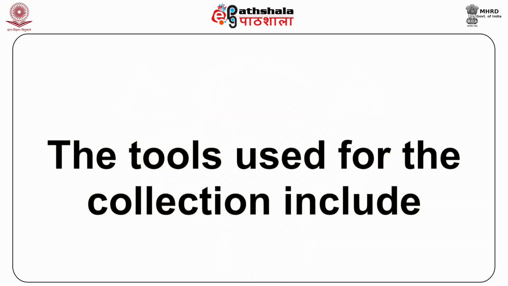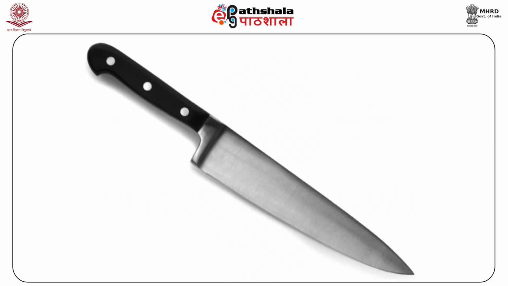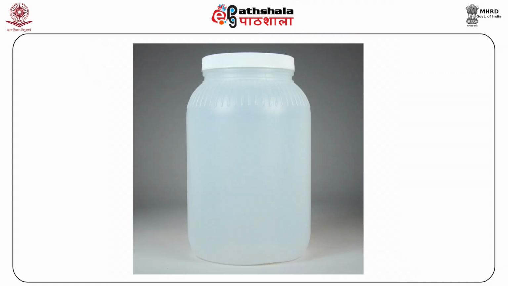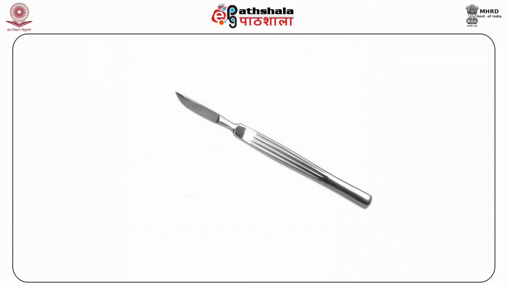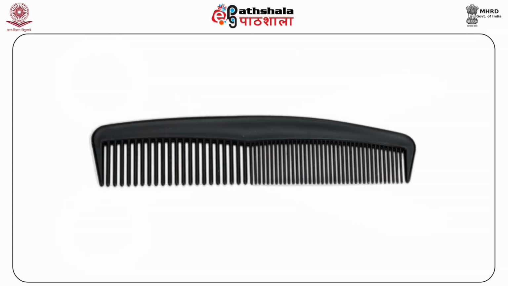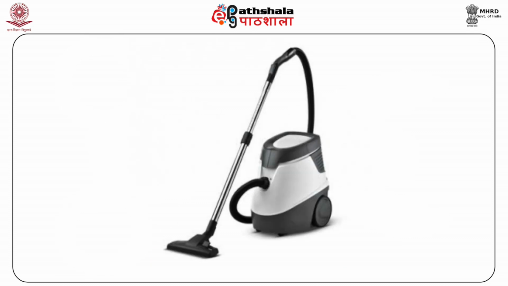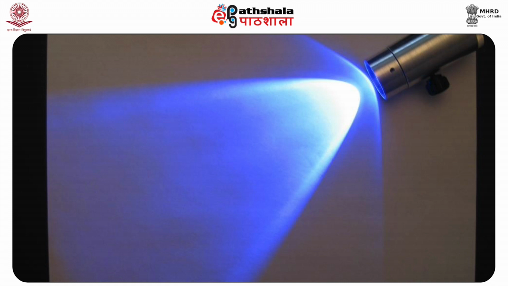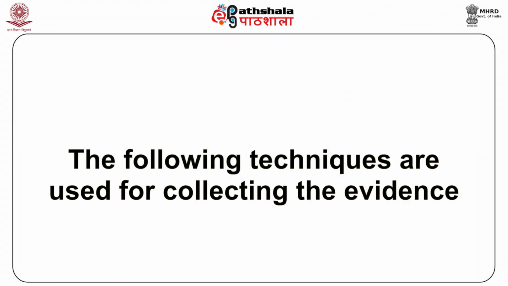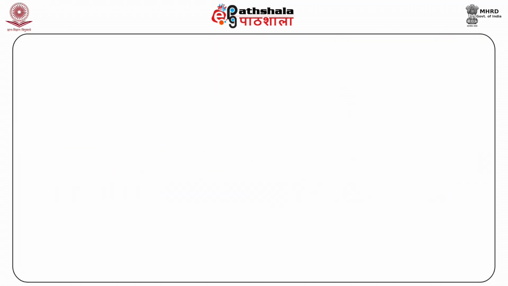The tools used for the collection include knife, tweezers, plastic containers with lids, scalpel, scissors, comb, filtered vacuum devices, ultraviolet light, etc. The following techniques are used for collecting the evidence.